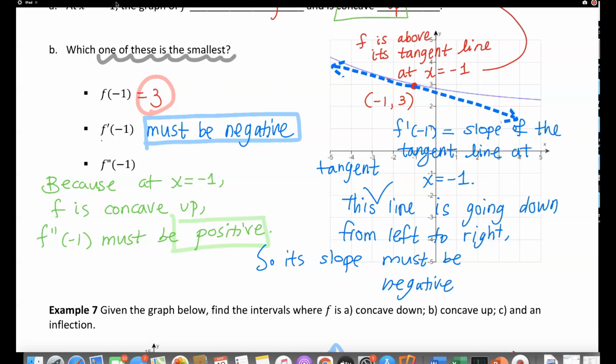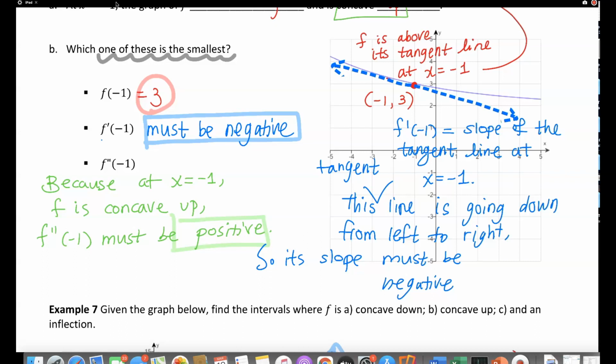3 is a positive number, and a positive number is a positive number, but what is the smallest out of these 3? This red, blue, and green. The negative must be smallest, don't you think? Because positive numbers are always bigger than negative numbers. So we found the answer.